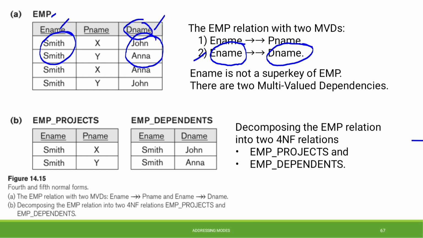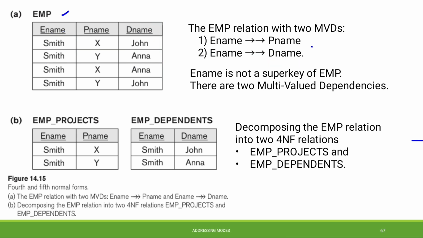Okay, that is what is indicated by this second multi-valued dependency. This relation is in BCNF because no non-prime attribute is deciding the value of any prime attribute. So the relation is in BCNF. Next, this relation is not in 4NF because there are two multi-valued dependencies.